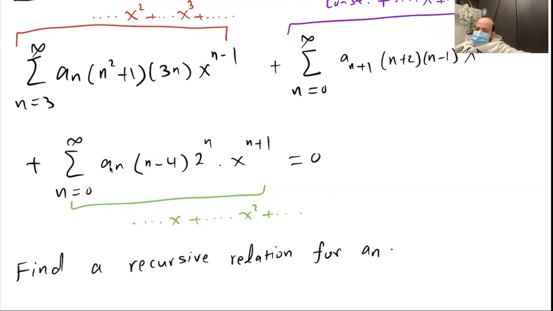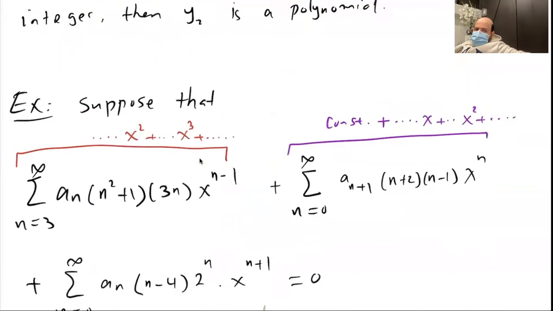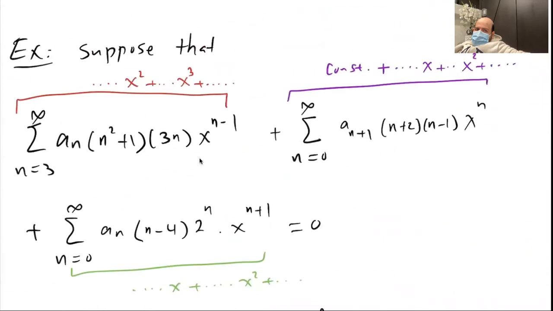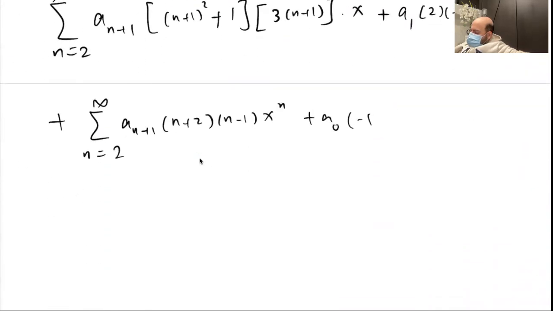And then I'll have a0 times minus 4 times 2 to the power 0, so plus a0 times minus 4 times 2 to the power 0 times x.